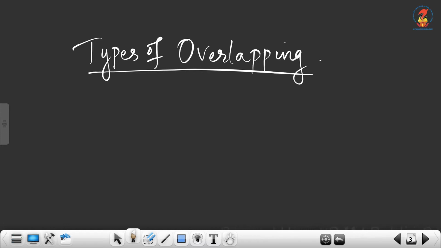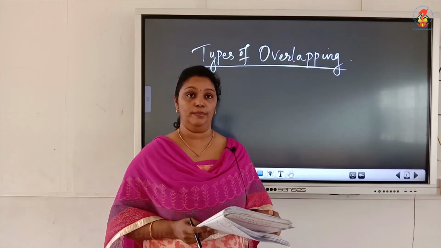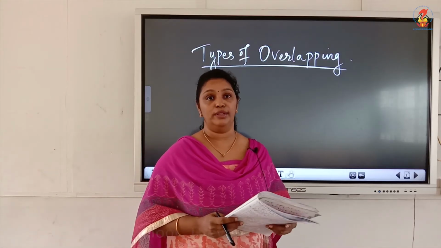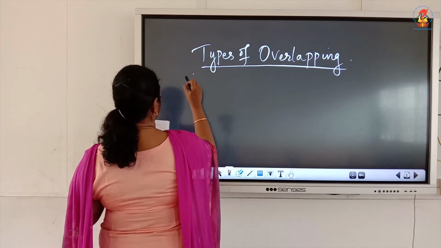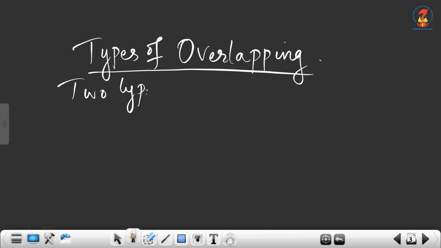Now, under types of overlapping, we can say that the covalent bonds can be classified into two types on the basis of the type of overlapping they undergo. The first type of covalent bond is called sigma bond. So, under types of overlapping, there are two types of covalent bond.